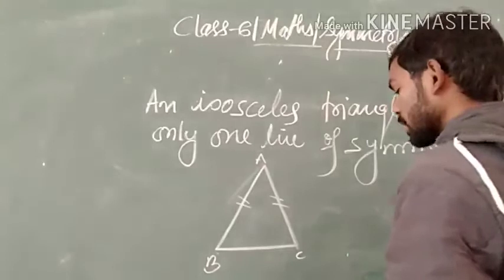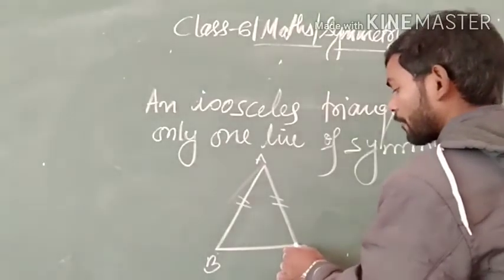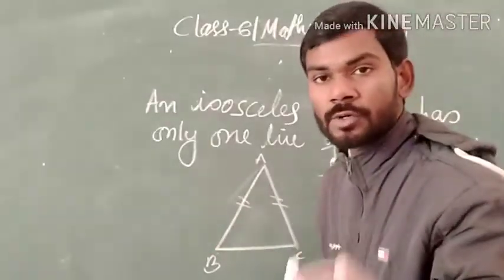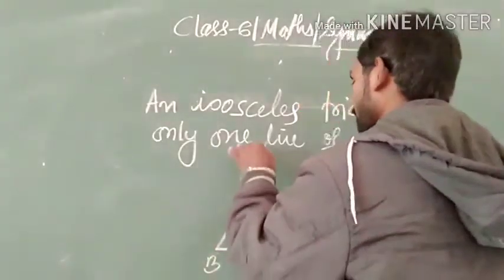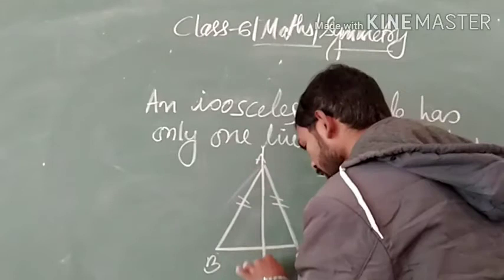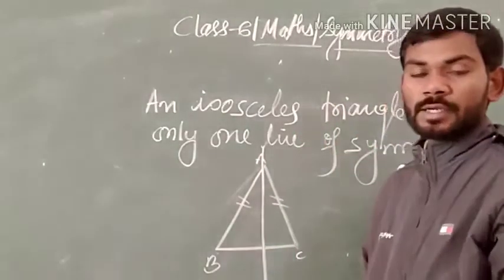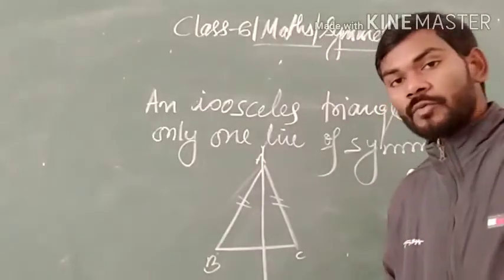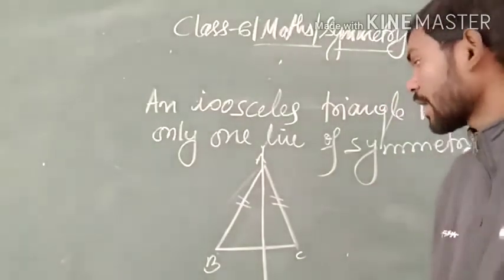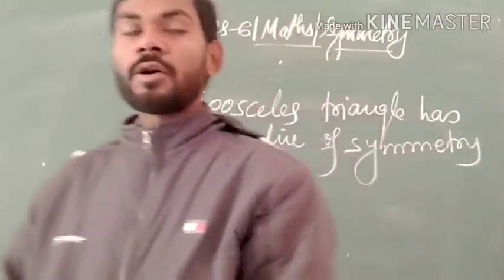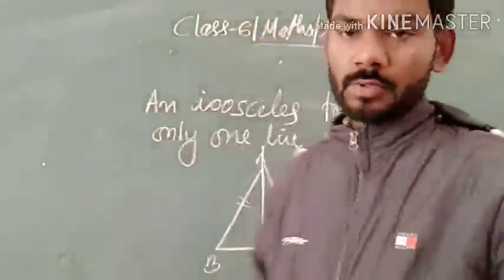If we divide it from C, it will not be divided into two identical parts. But when we divide it through the point A, the triangle can be divided into two identical parts. Therefore, we can say that an isosceles triangle has one line of symmetry.